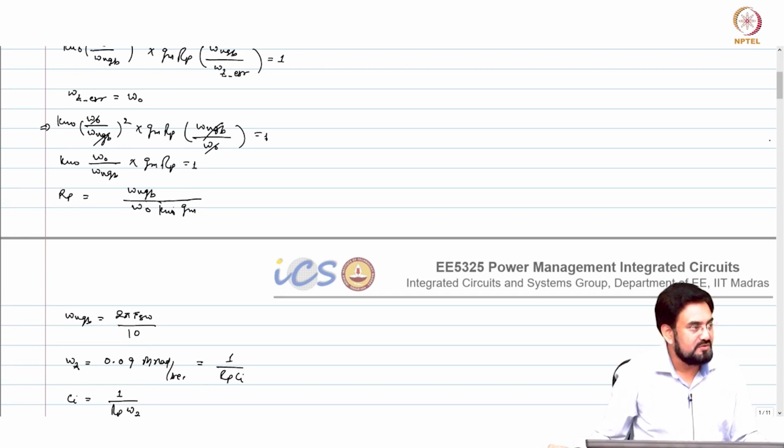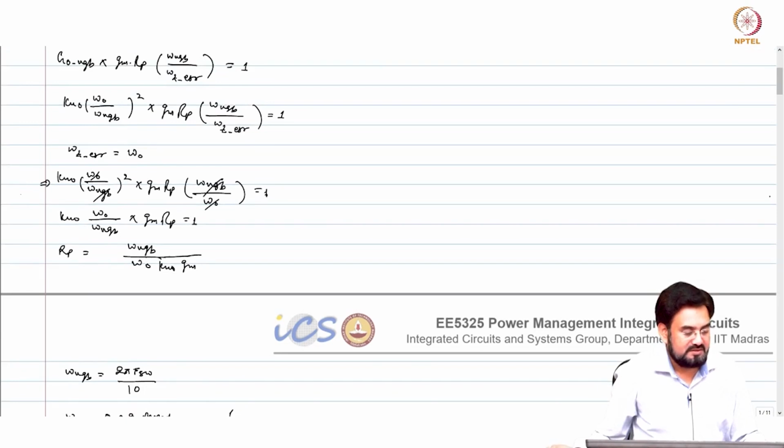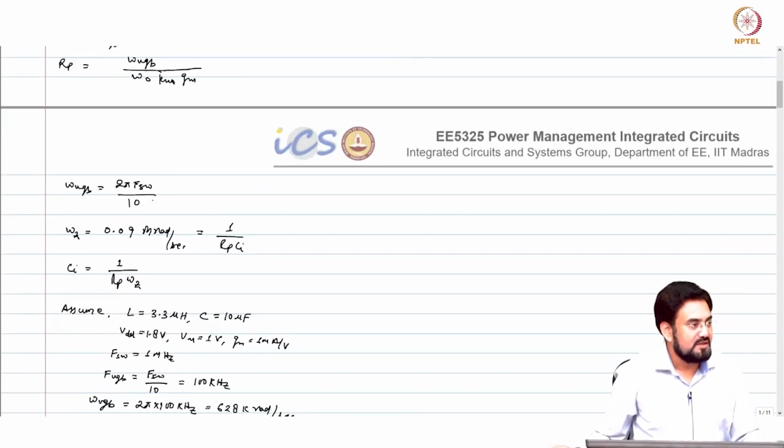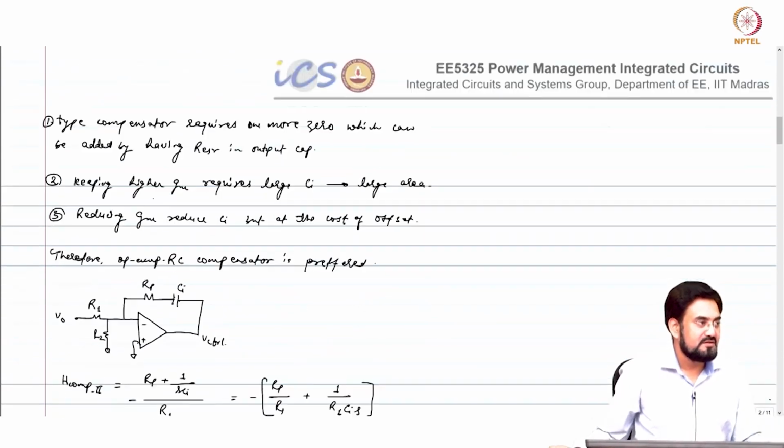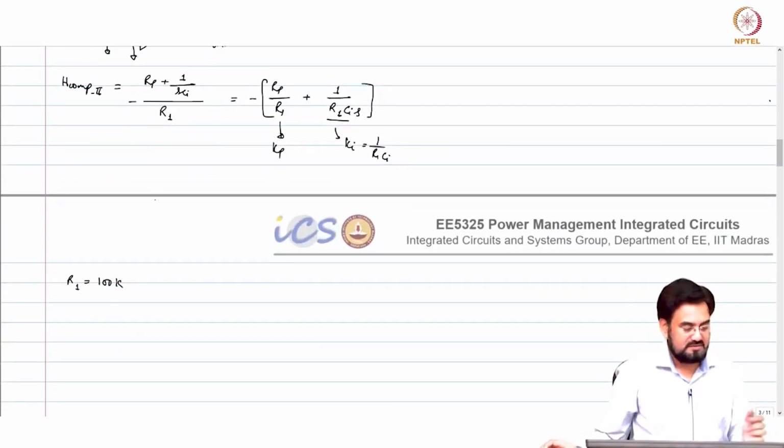The loop gain is now double, so your proportional gain will be half, so the resistance will be half.